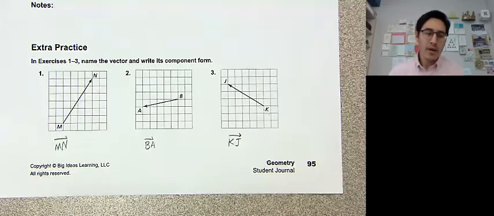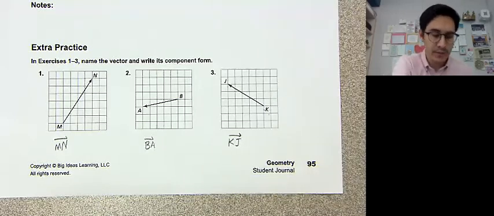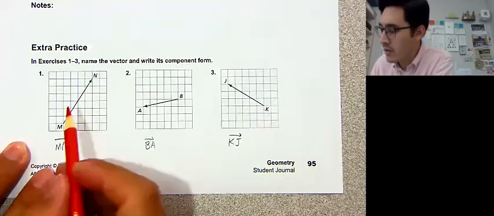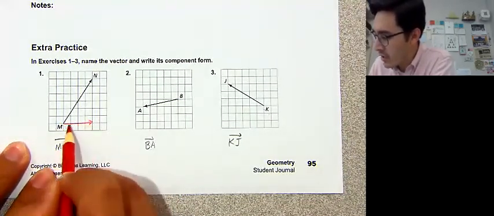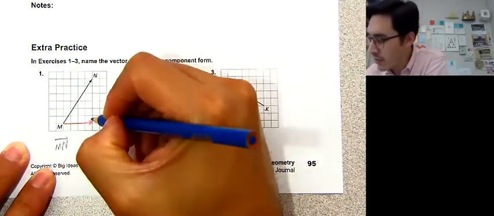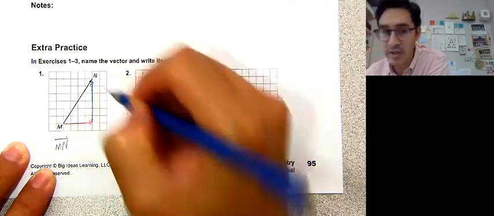All right, now every vector can be broken down into a horizontal and a vertical component. I'm going to color code these. So for the first vector, the horizontal component would be four units to the right, and the vertical component would be 1, 2, 3, 4, 5, 6 units up.